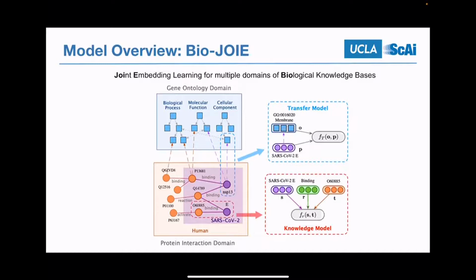Those are individual spaces that we want to model using embeddings. The second type is called the transfer model. We want to link the information, the data, and the knowledge across different spaces, and transfer knowledge from one space to another, so that we can do an integrated prediction. Therefore, our approach is called JOIE, and it's really joint embedding learning.